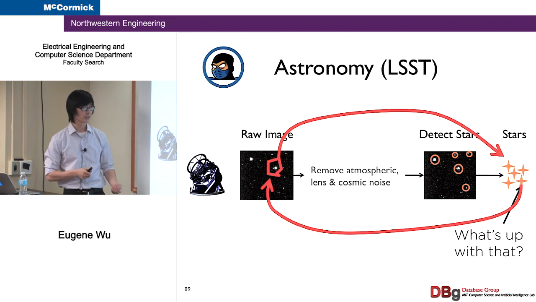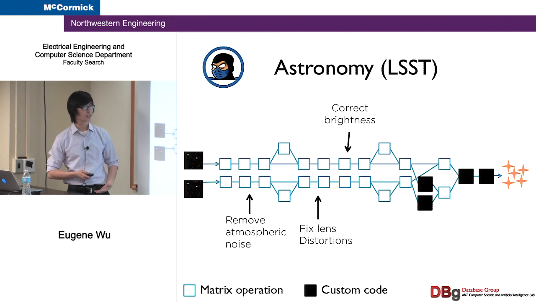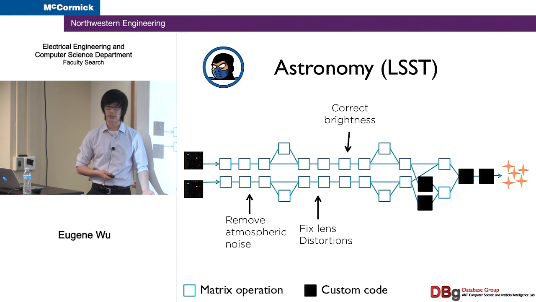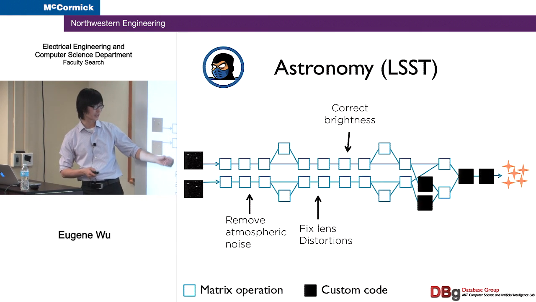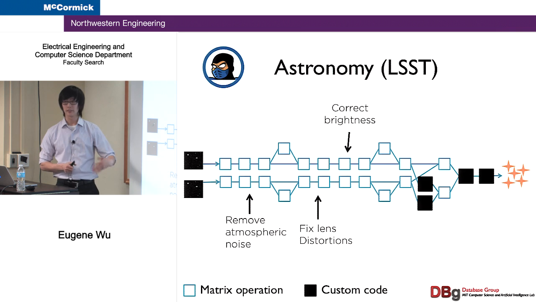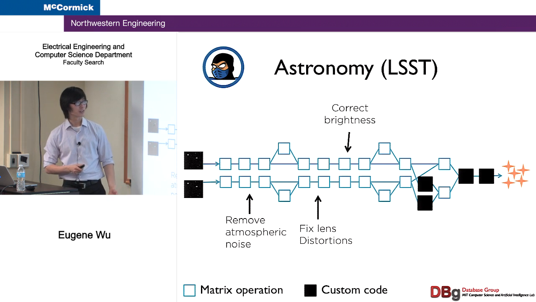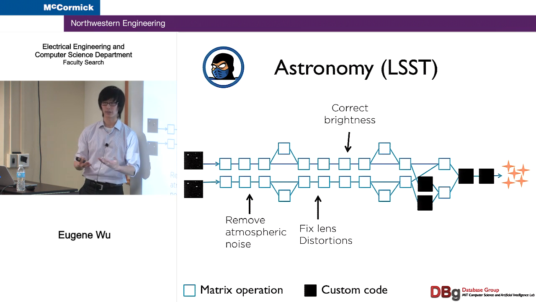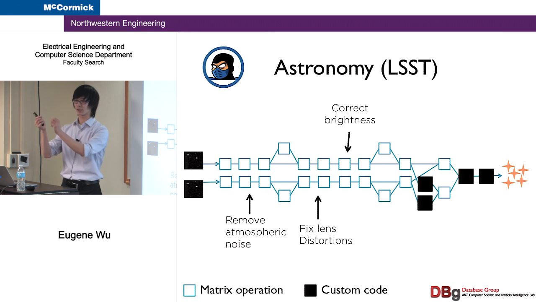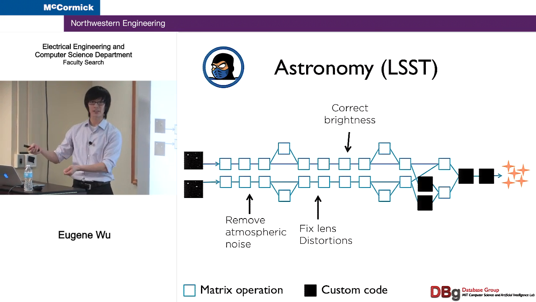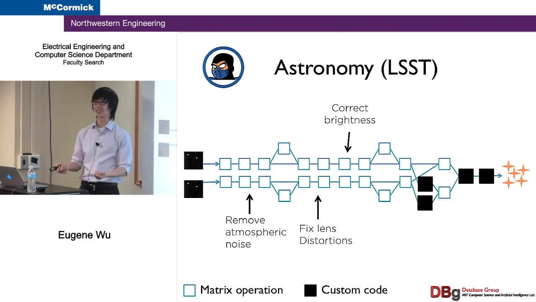In order to do this, it's actually quite complex because the pipeline is quite complex. In addition to matrix operations to remove atmospheric noise, fix lens distortions, and so on, there are also custom operators to deal with cosmic rays. These are high energy particles from outer space that, for laptops, cause memory errors, but for telescopes, they look identical to stars.